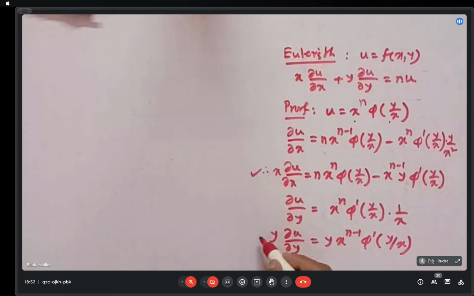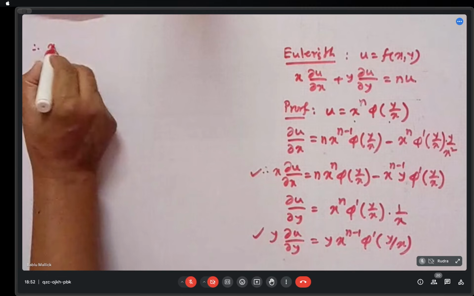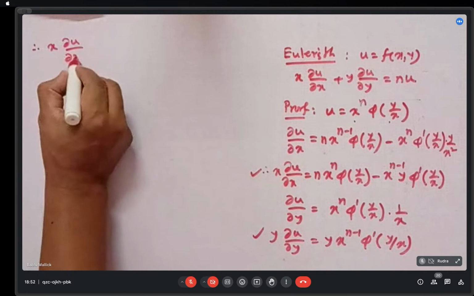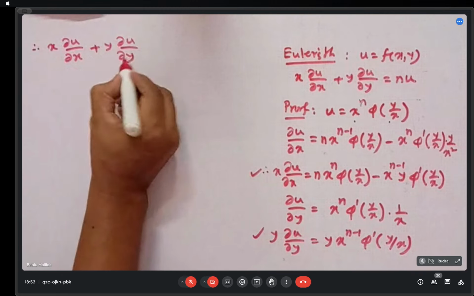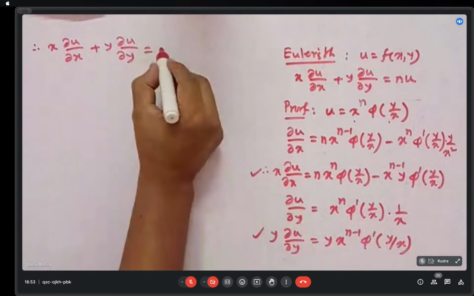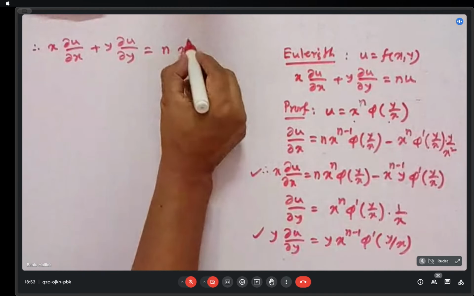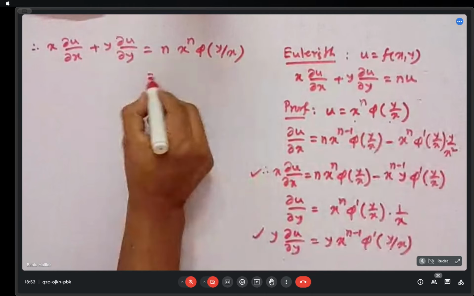So if we add them, what are we getting? x into del u del x plus y into del u del y is equal to n into x to the power n into phi y by x.